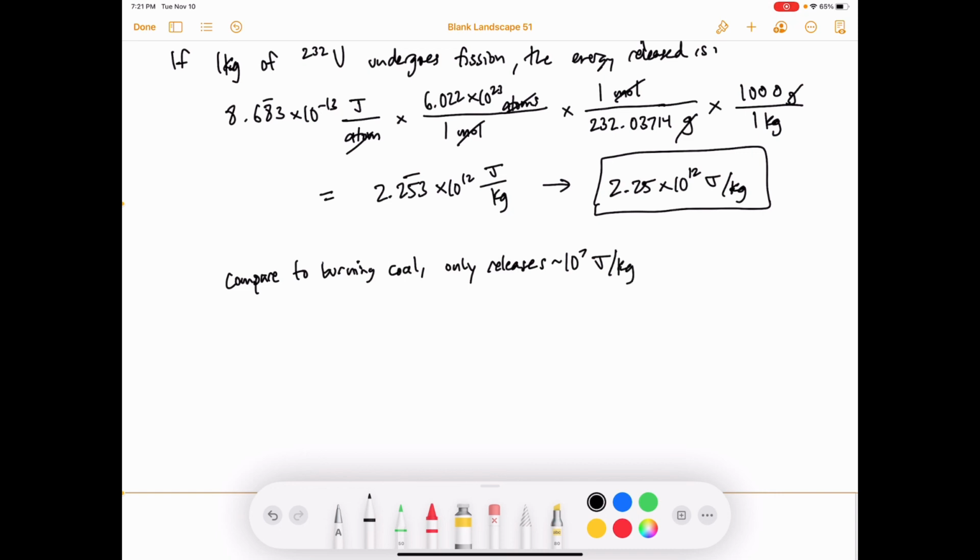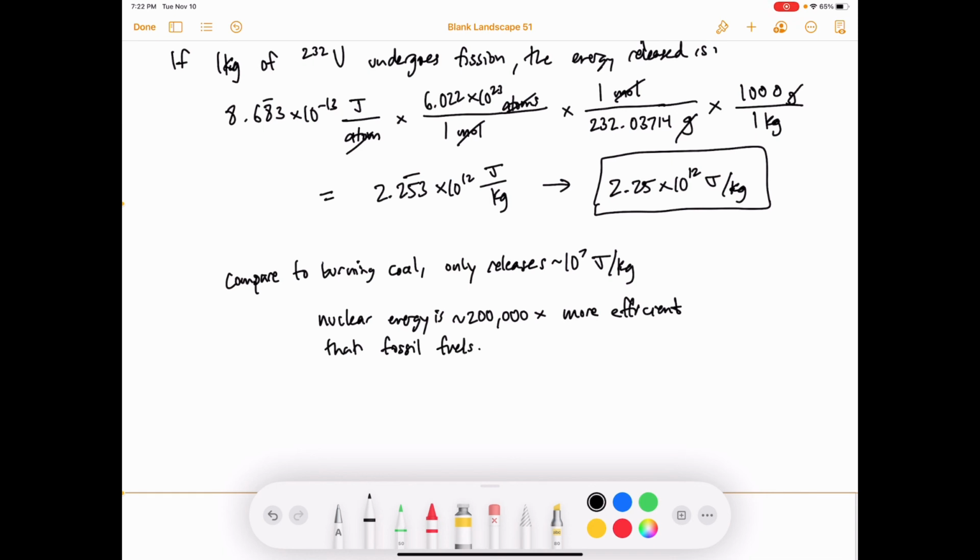Okay? That's much less. In other words, nuclear energy, according to our calculation here, is about 200,000 times more efficient than fossil fuels.